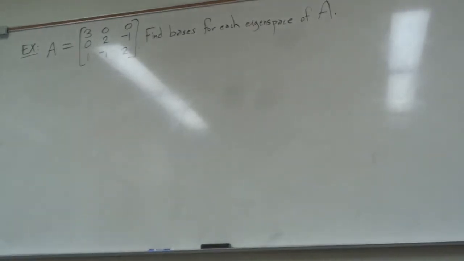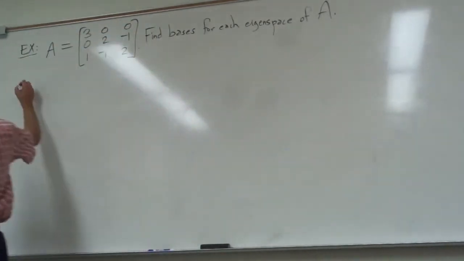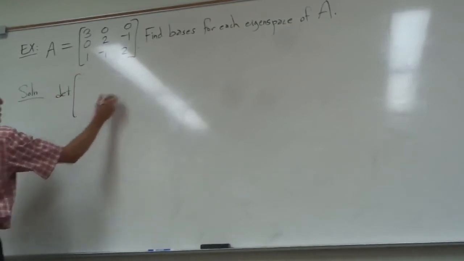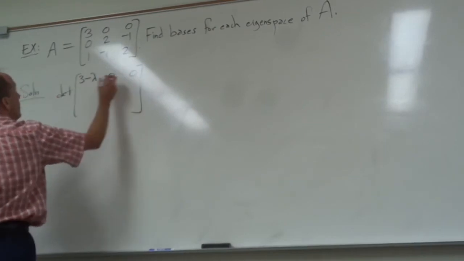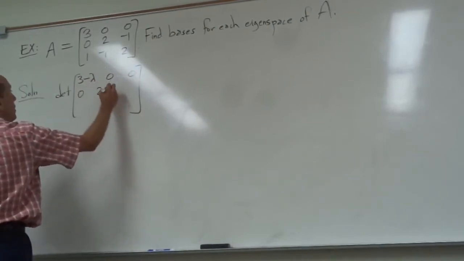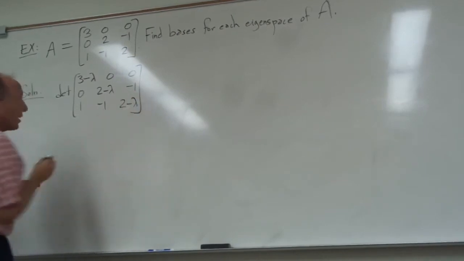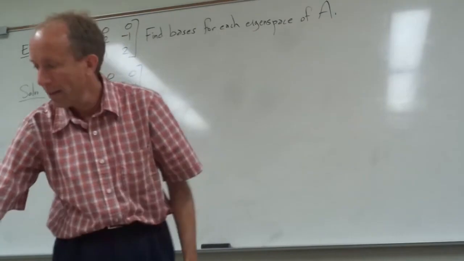So, first thing I have to do is find my eigenvalues. So I'm going to take the determinant of the matrix that I get when I subtract lambda from the main diagonal. Okay, so this is the determinant that I have to calculate.